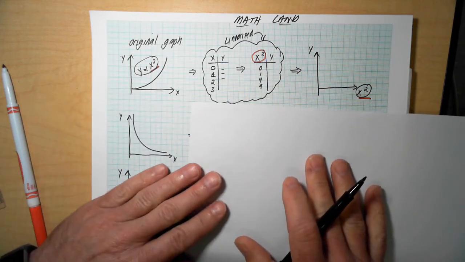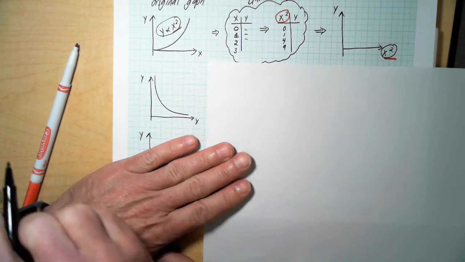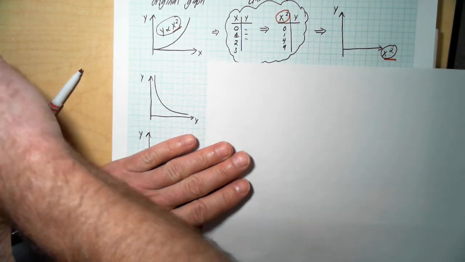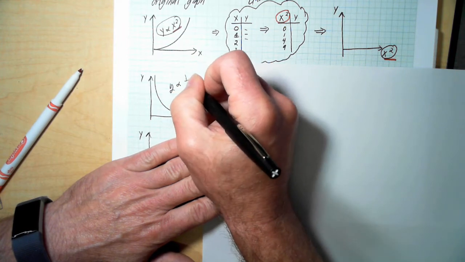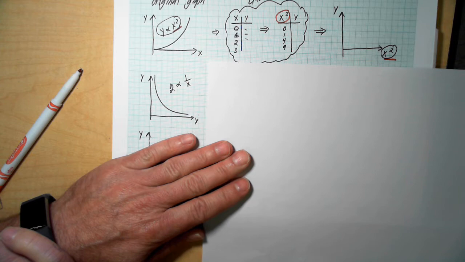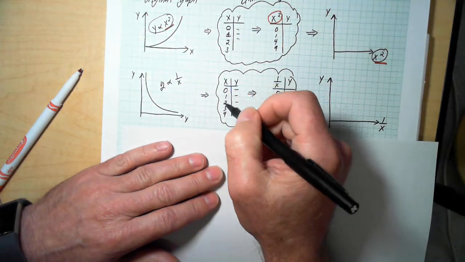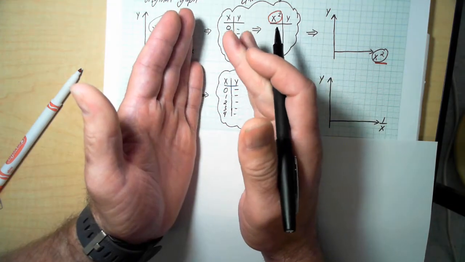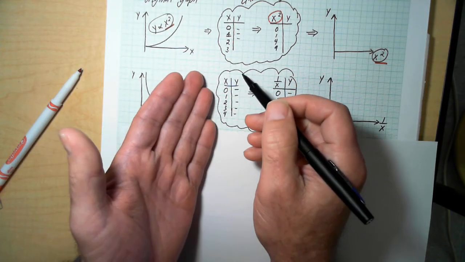But what if you see a graph shape like this? This suggests strongly that y is proportional to 1 over x, or y is inversely proportional to x. So let's talk about that one. This is your original table of values, made up, and this is going to become your data.